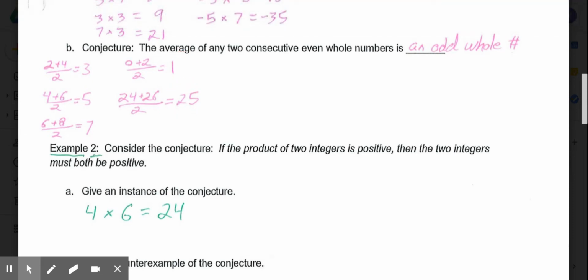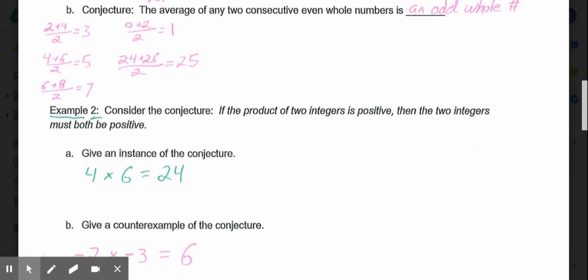So to finish that conjecture based on my pattern, I would say the average of any two consecutive even whole numbers is an odd whole number. That's what the pattern's showing me. Do I know if that's true for all cases? No. But is it looking more and more reasonable with each example? Yes.